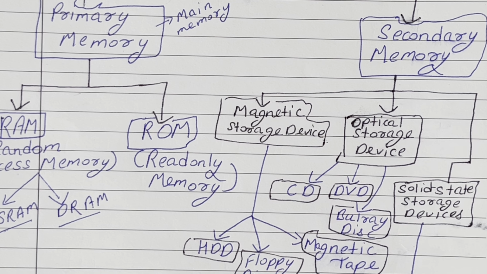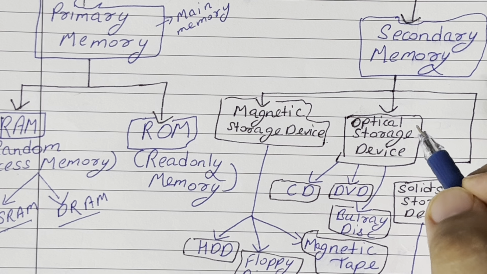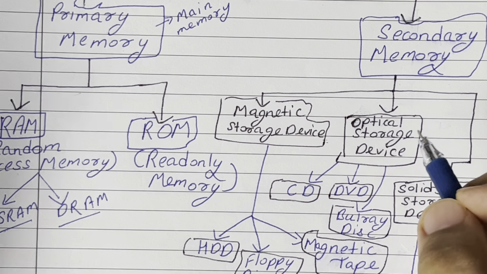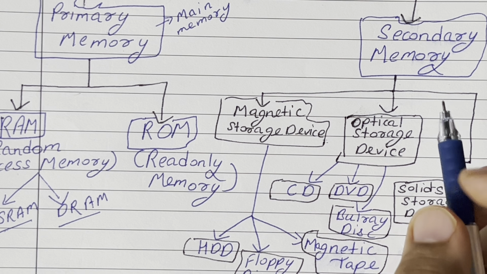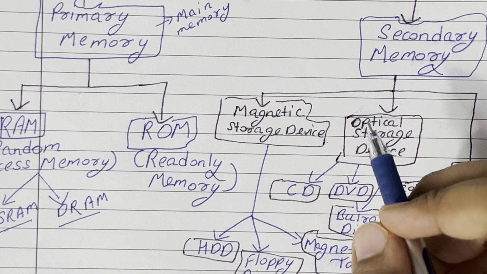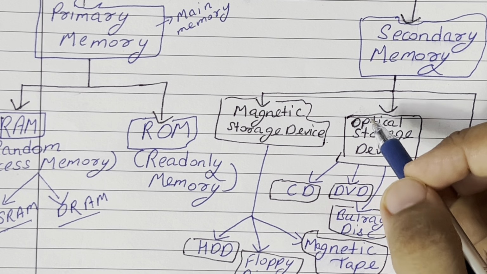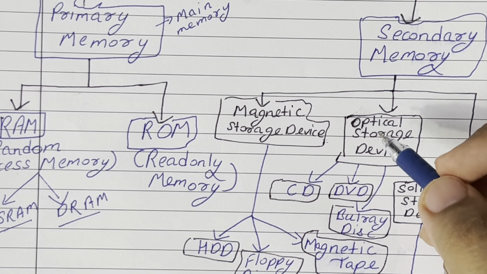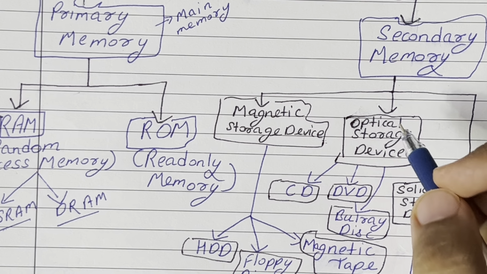A standard single-layer DVD can store approximately 4.7 GB of data, while a dual-layer DVD can store around 8.5 GB. DVDs became widely popular for storing high quality movies, software applications, and games. I hope you remember DVDs for storing games on your computer and large data files.